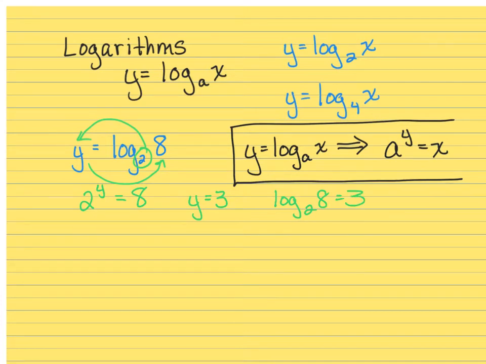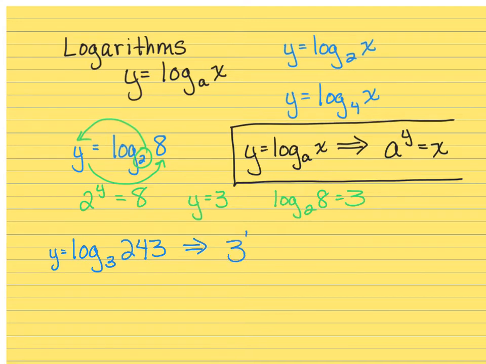Let's try another one. All right. So let's do log base 3. So we're switching bases, of 243. So I want to take log base 3 of 243. That's equal to some value y. All right. So the way to do that is to transform it into exponential form.